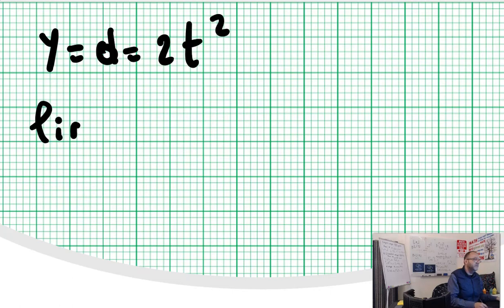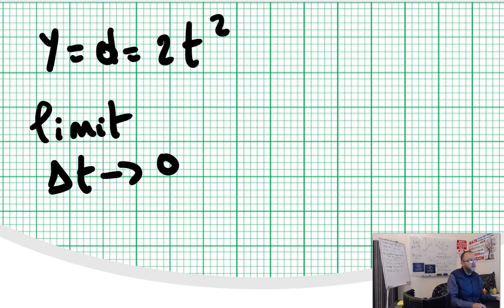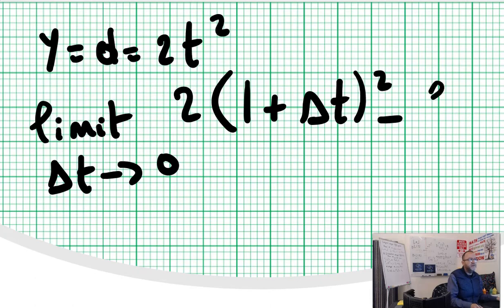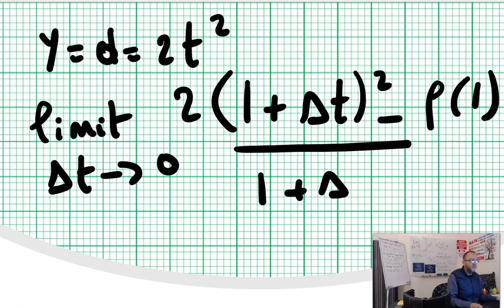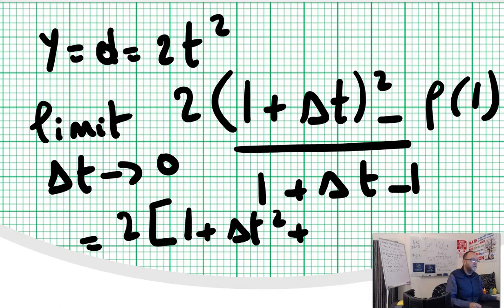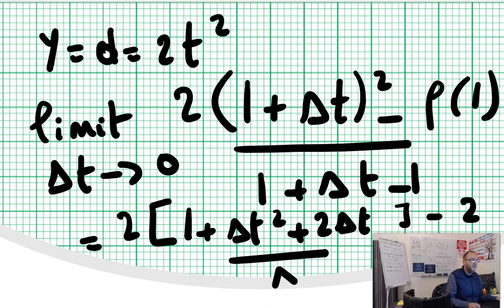So the limit as delta t goes to 0 of f of 1 plus delta t minus f of 1, I'm studying at 1, divided by 1 plus delta t minus 1 equals what? Let's expand, equals 2 times (1 plus delta t) squared, which is 1 plus delta t squared plus 2 delta t, and I close, minus 2, because 2 times 1 is 2, divided by delta t.